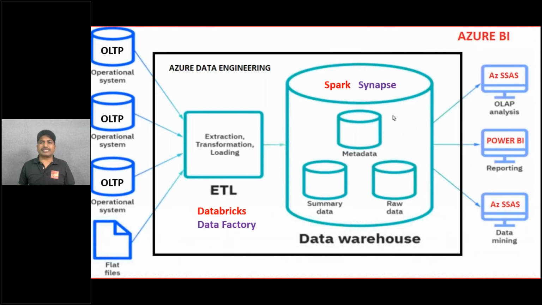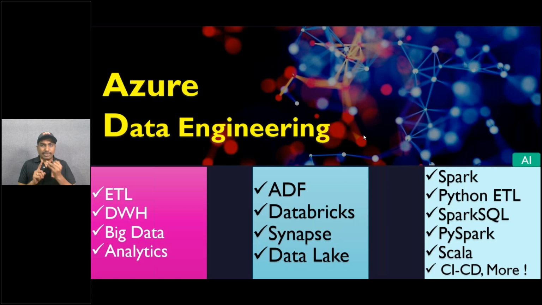So in our classes, in data engineering, we are going to learn ETL, data warehouse, big data, and analytics activities. Big data is separate, analytics is separate. We are going to blend them together. And we have Data Factory, Databricks, Synapse, and Data Lake: 4 important core concepts we need to learn.